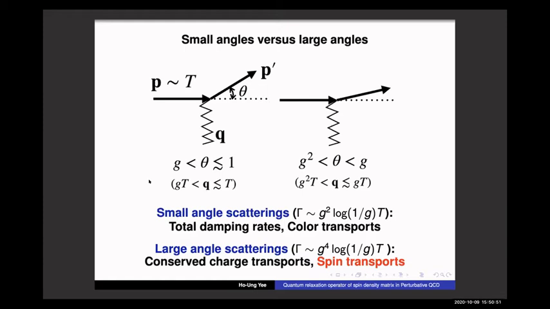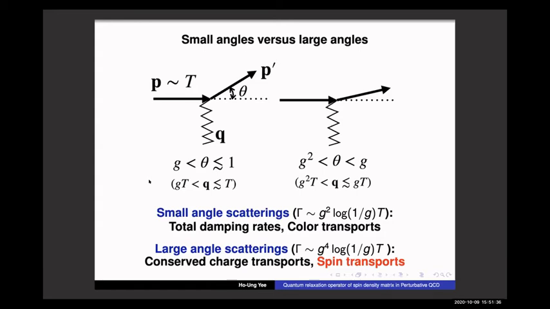On the other hand, it turns out that for other quantities like damping rate and color transport, small angle scatterings, whose angles are less than g, are more dominant than the large angle scatterings, and as a result, for those quantities, the relevant scattering rate turns out to be g squared, whereas for large angle scatterings, it is given by g to the 4.